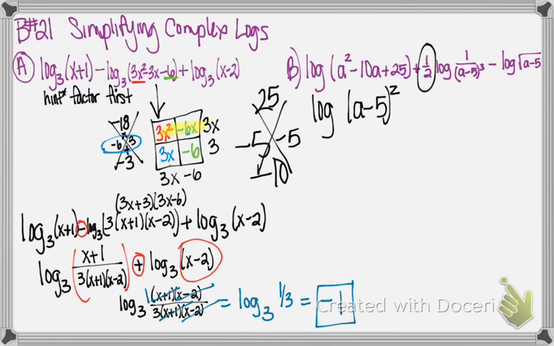Number out in front becomes an exponent, right? What is 1 to the 1/2 power? It'd be like, it's the same as what? Square root of 1, which is 1.